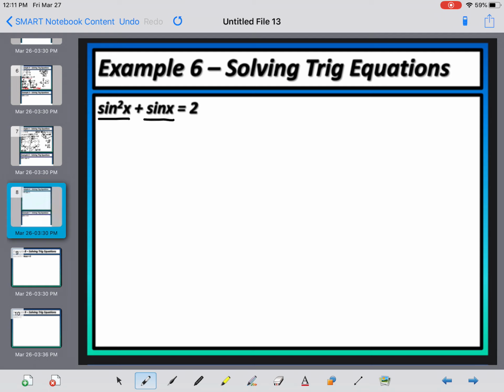Okay, so if I have a sine squared and a sine, hopefully you're seeing that those are not like terms. It's like an x squared and an x, okay, which means you're going to want to bring all of those terms to the same side.